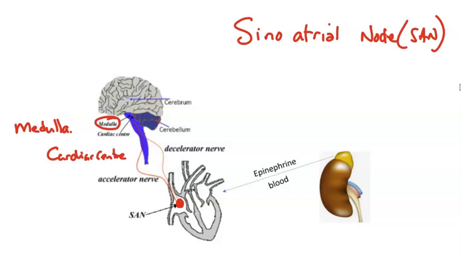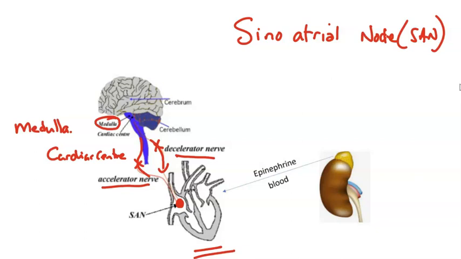Notice that there are nerves connecting into the sinoatrial node, some of them speeding up heart rate and others slowing down heart rate. The interesting thing is that if these nerves are disconnected, the heart actually retains the capacity to contract.